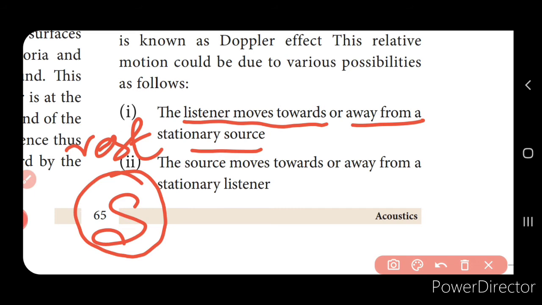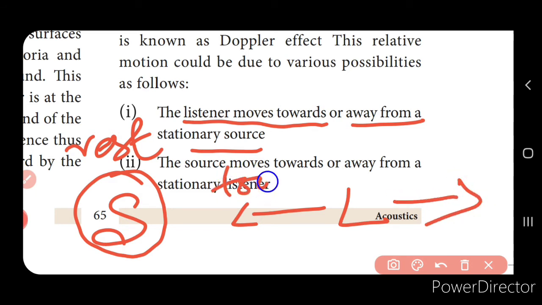And the listener is moving towards the stationary source or away from the stationary source. This is towards the stationary source and this is away from the stationary source, isn't it? So this is one of the relative motion possibilities.